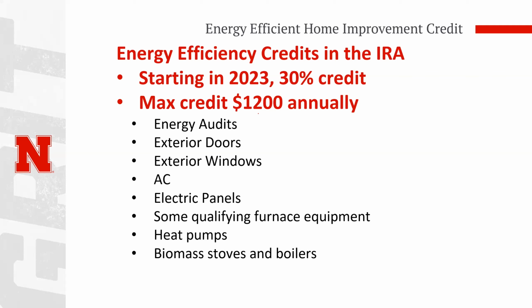So essentially, you spent $4,000, and you got a $1,200 credit. If you spent $8,000, you still get a $1,200 credit. So there's a maximum annually, but definitely if you're doing any energy efficiency, think about claiming that tax credit and getting some value there.